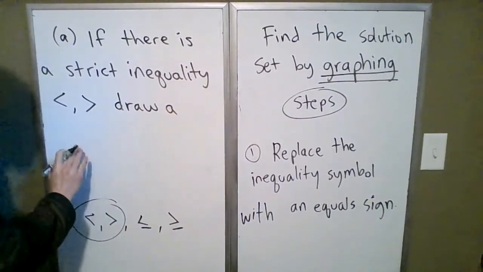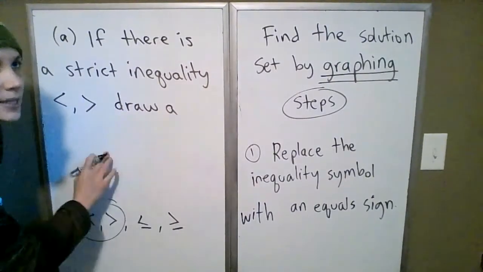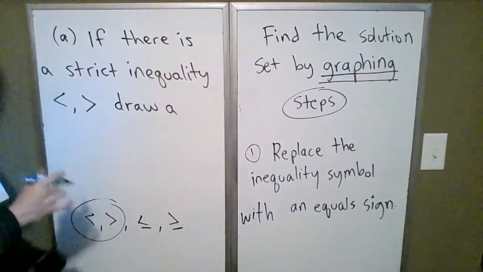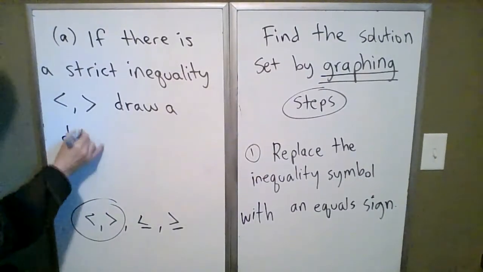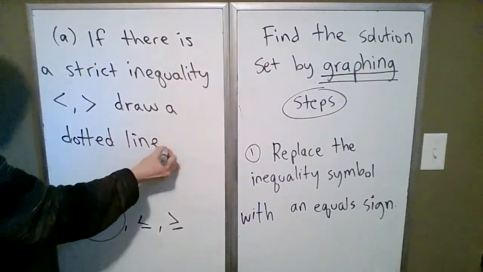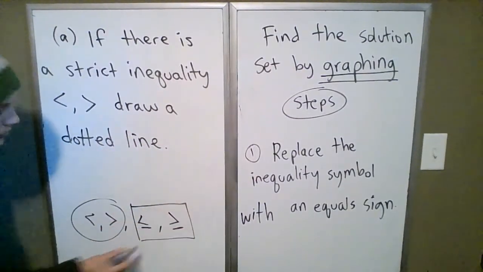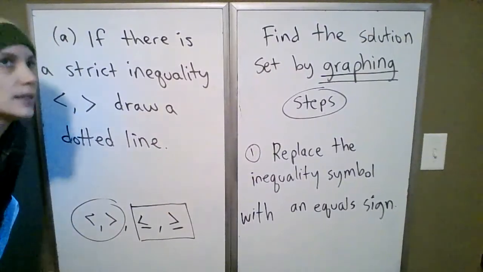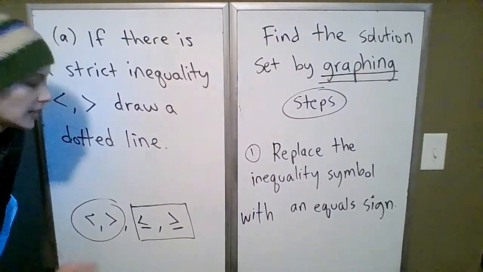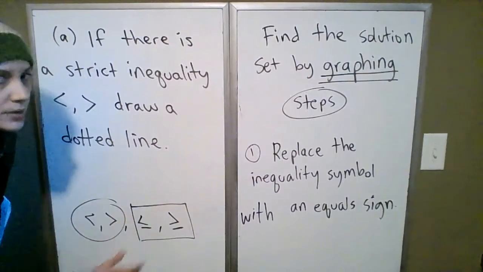So just kind of represent that it's not actually included in the set, it's just a boundary. Okay, if there was an equal sign, then you do include that part as part of the solution set. So draw a solid line to represent that we are including those values.